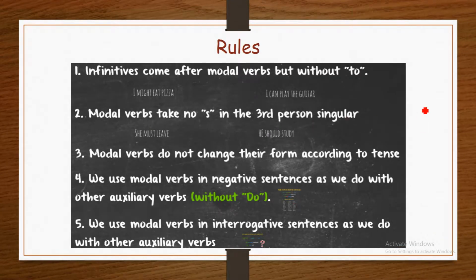Rules for how to use modals. Number 1: Infinitives come after a modal verb but without to. You might have heard of the infinitive. What is an infinitive? An infinitive is to plus verb.